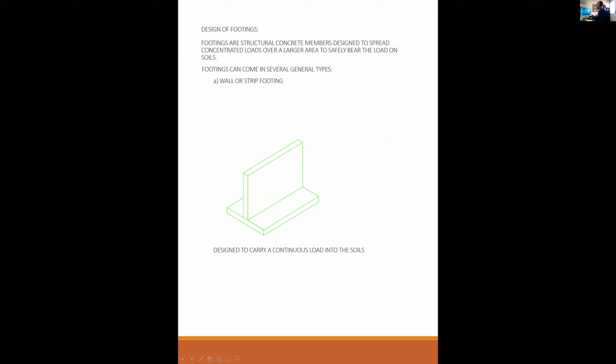It is designed to carry a continuous load into the soil. We can have an isolated or single column spread footing. It looks like this. So this is an isolated footing. It is of a certain size, and it is sized so that whatever load is on this column is spread out enough that it doesn't punch through the soil below.